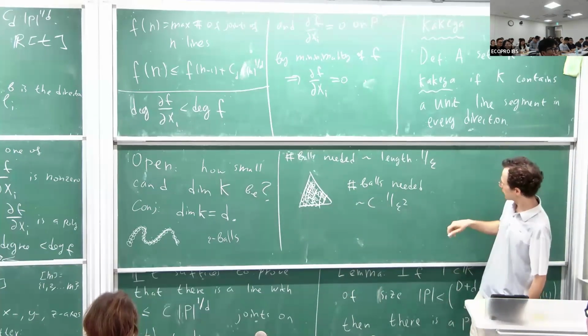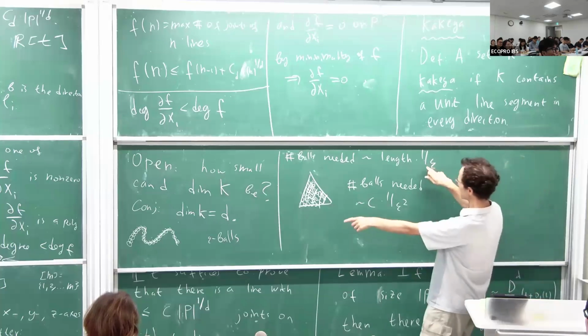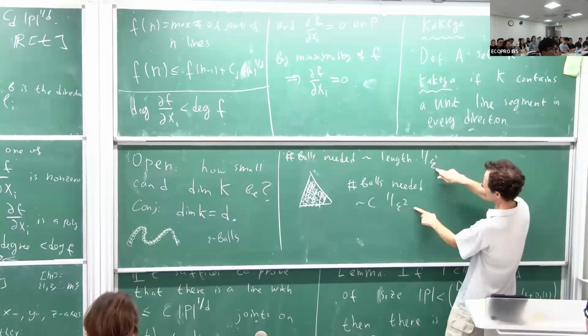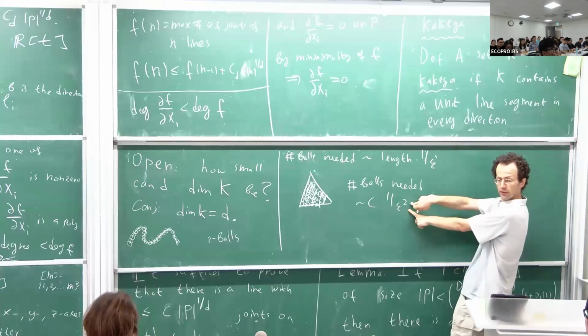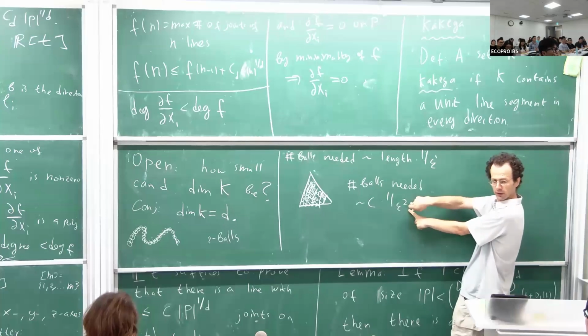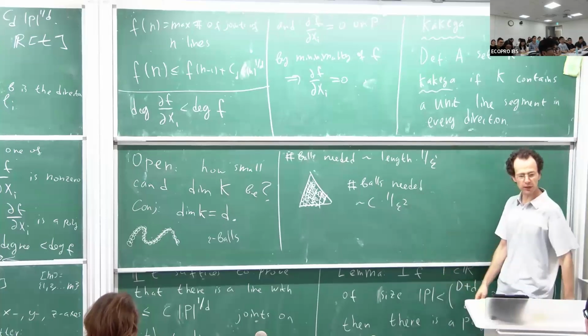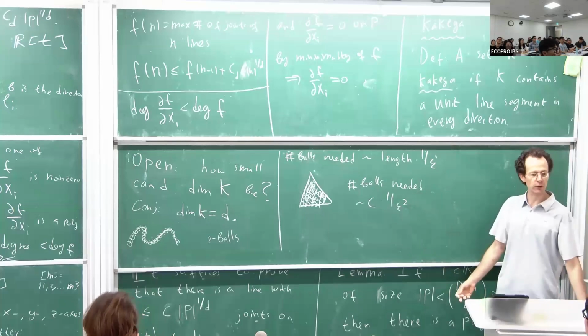And so you see, we think of the line as one-dimensional, and this is epsilon to the 1. We think of a triangle as two-dimensional, and this is epsilon squared. So you can guess what my definition of a set of dimension 3/2 is going to be.